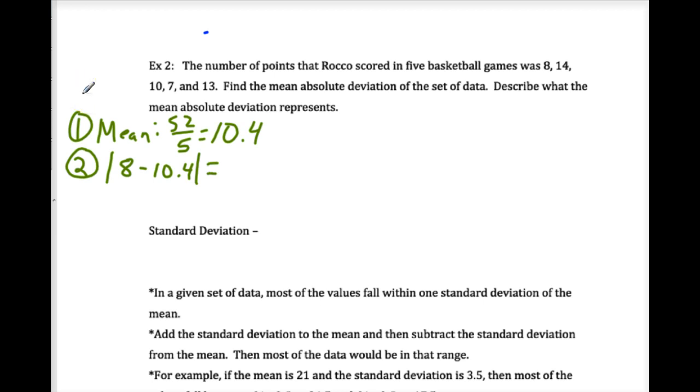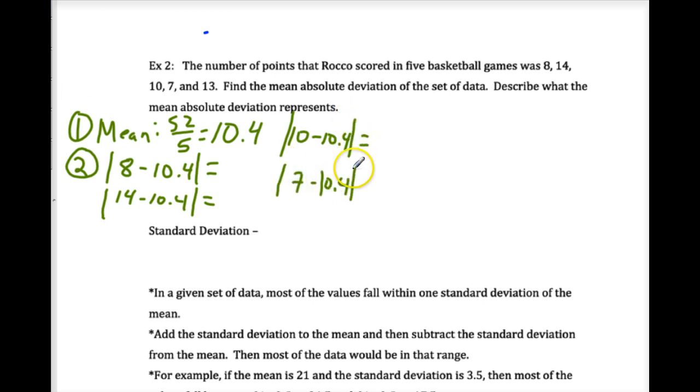Everybody type in 8 minus 10.4, absolute value. 14 minus 10.4, absolute value. 10 minus 10.4. 7 minus 10.4, absolute value. And 13 minus 10.4. You have to write that out, guys, unfortunately. That's showing your work.